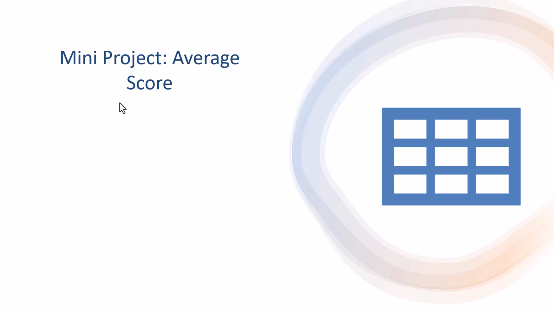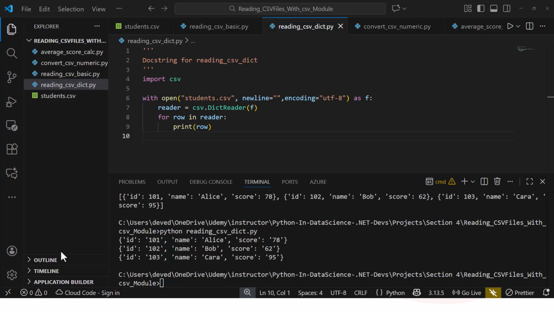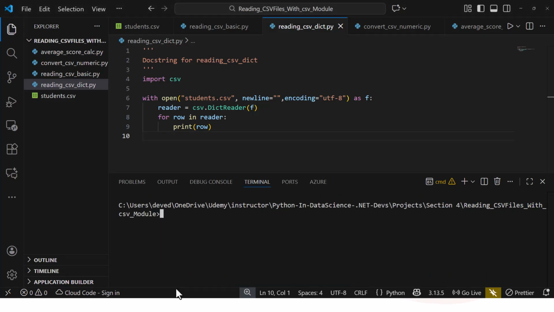That brings us to the mini project of average score. The objective of this mini project is to extract the score column, convert it to int, compute the mean, and print the formatted value. Let's see it in action on Visual Studio Code again. Let me create some space over here and run this one.